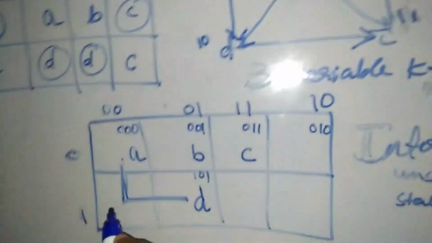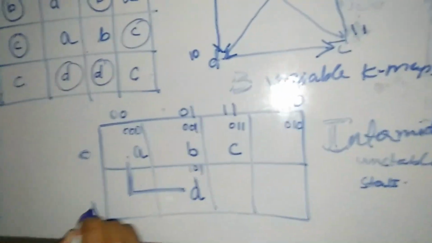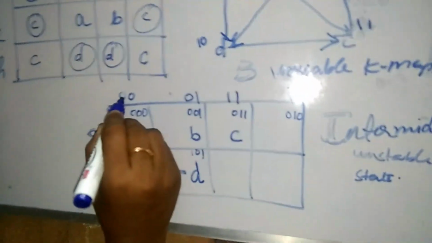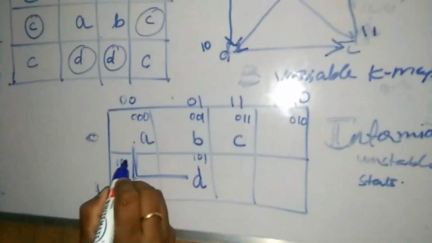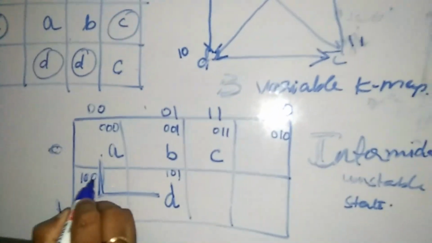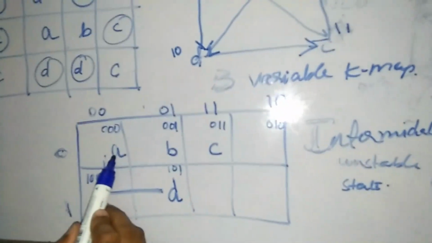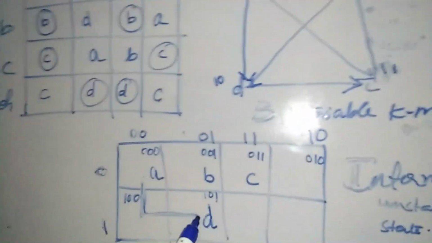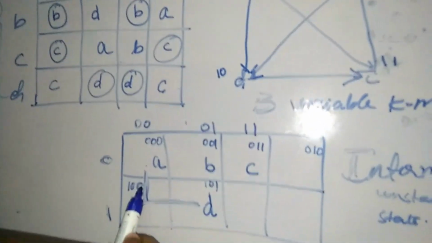If I have to take the value of this state, it is 1, here it is 0, 0. So you can see that from A to D, I am coming via an intermediate state, that is 1, 0, 0, right?